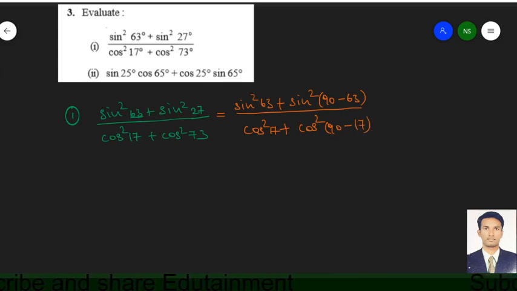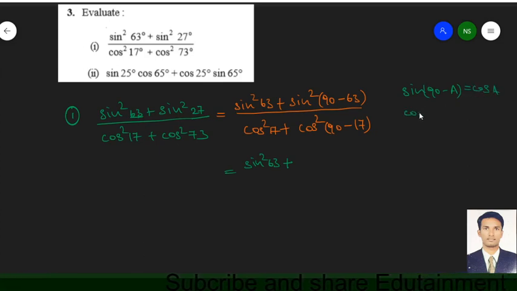So here we have a formula for complementary angles: sine 90 minus A is cos A, and cos 90 minus A is equal to sine A. From these two, sine 90 minus 63 we can write as cos 63.